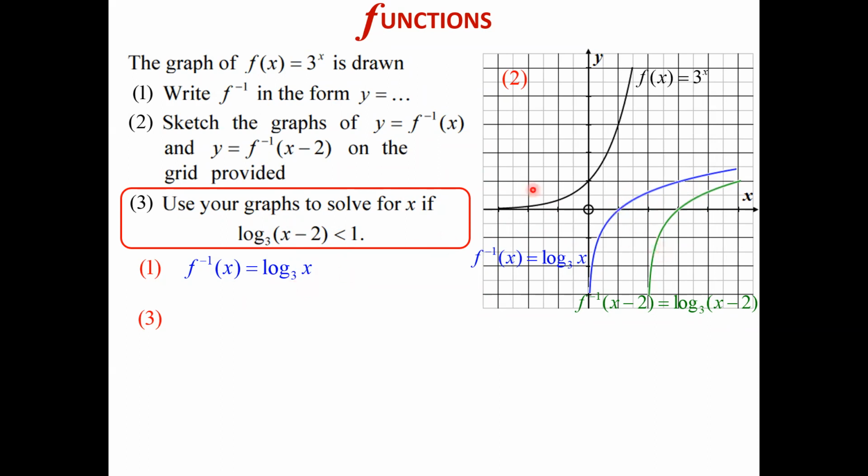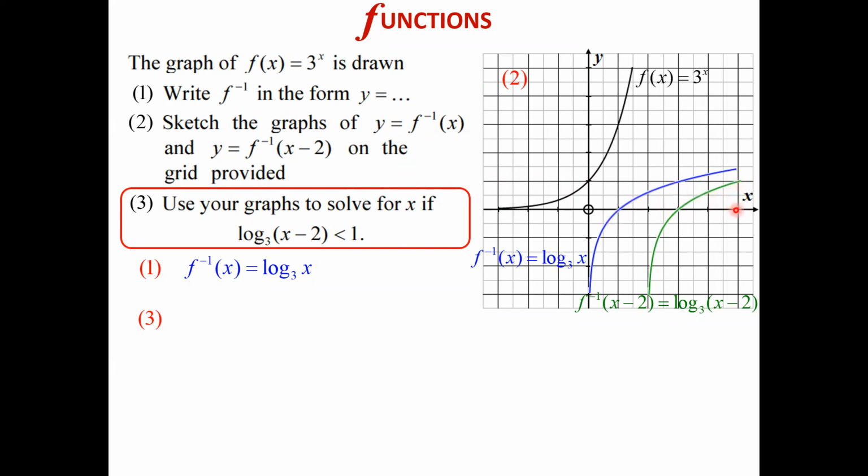And the green graph, where we moved the graph 2 units to the right, is actually log of (x - 2) base 3. So we're now focusing on the green graph. And they want to know, when is this graph less than 1? For what x value? So there's our line, y equal to 1. And that's a point we need to trace down on the x-axis.